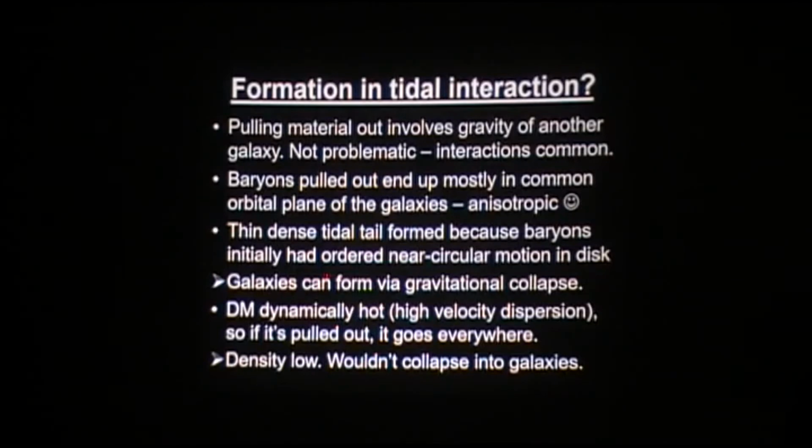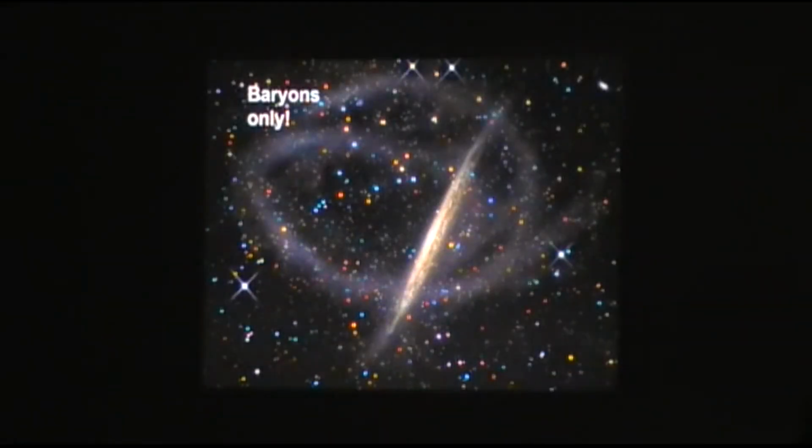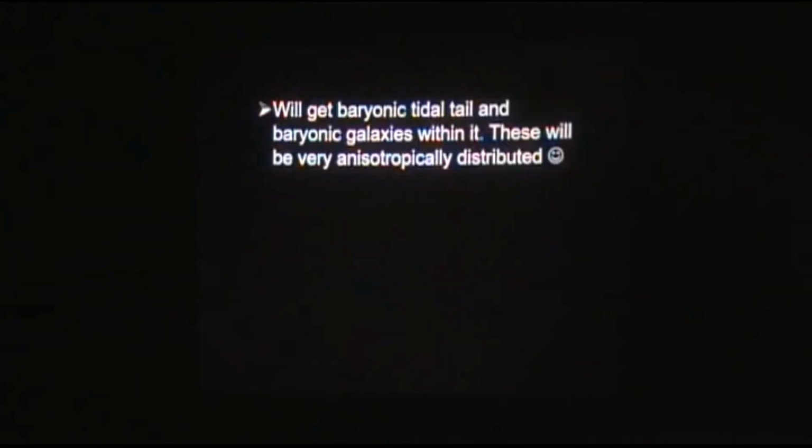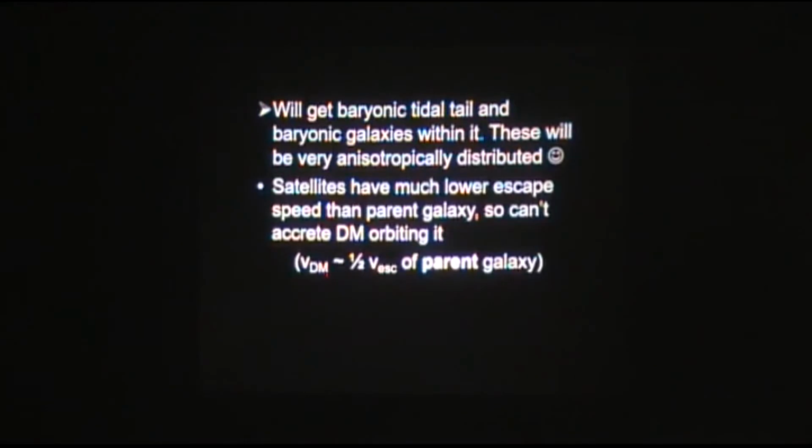Now, one thing I should say, so that means when you see pictures like this, what you want to think, so everyone thinks that only the baryons are in this disk, because obviously the dark matter can't cool and settle into a disk. So the exact same argument is true for this as well, right? So just bear that in mind. You get a baryonic tidal tail, baryonic galaxies distributed basically in one plane rather than all over the sky.